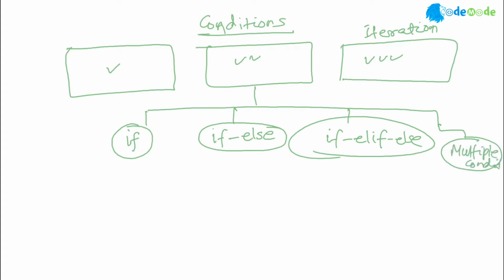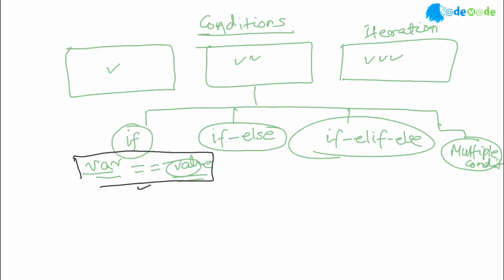We are still dealing with, if you notice, just one condition: there is a variable and that variable has some value, and we're checking if this variable has this value or not, right? And if this is true, then you want to do something.